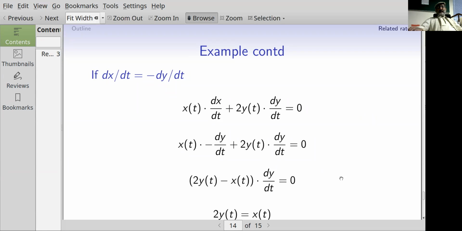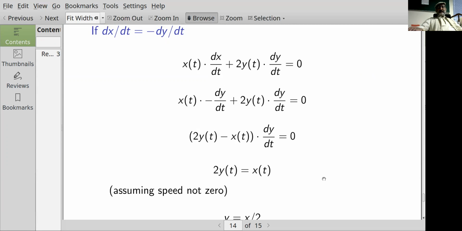Okay, so now I've got something times dy/dt plus something times dy/dt. So put that together and factor out the dy/dt. So you get (2y(t) minus x(t)) times dy/dt is equal to 0.